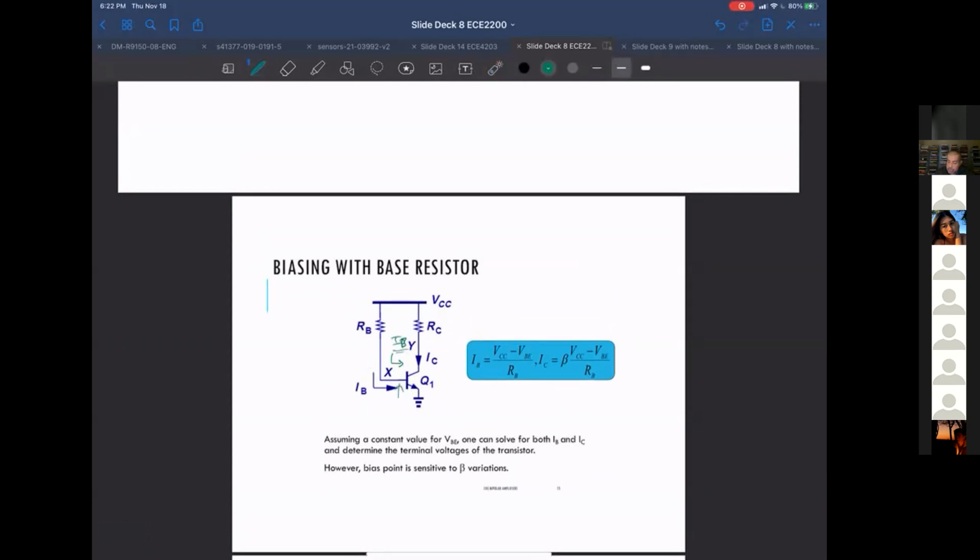Well, we know how a voltage divider works. What if we put a resistor here?